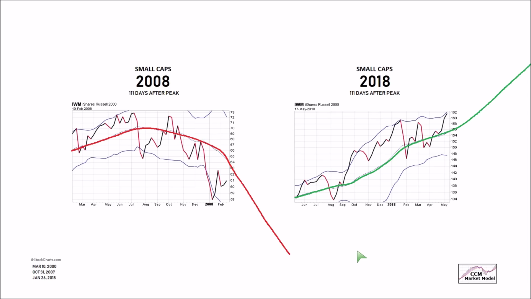Compare and contrast that to the slope of the same center line 111 days after the markets peaked in 2018. It's also noteworthy, IWM here is making a discernible series of lower highs and lower lows. In the present day, we're making a series of higher highs. This is a new high here and higher lows.